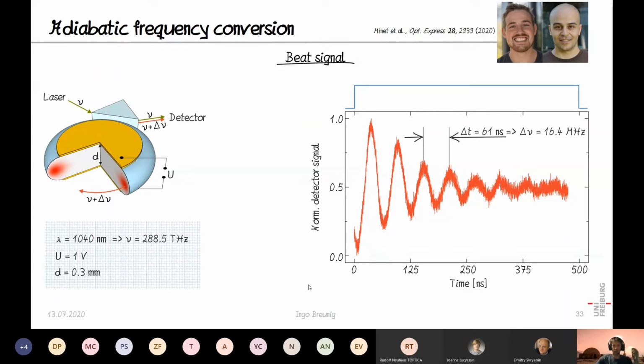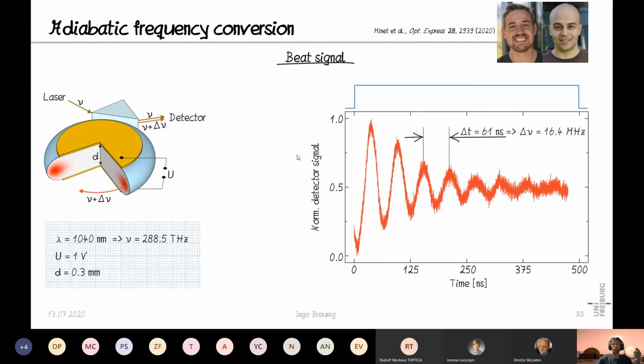And on the right-hand side you can see in blue here, this voltage is switched on the nanosecond time scale, and then they observe the beat signal on the detector, and this distance between two maxima, so it's this 60 nanoseconds, it tells us, okay, it was a frequency shift of 16 megahertz. That's it. And you see a nice exponential decay, which also indicates a quality factor beyond 10 to the power of 8.